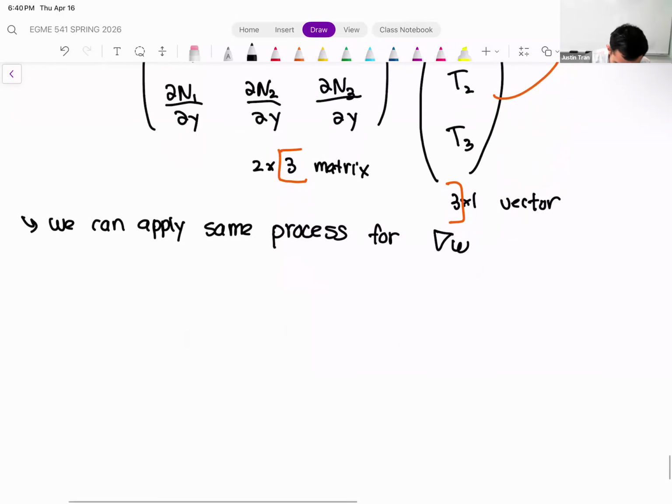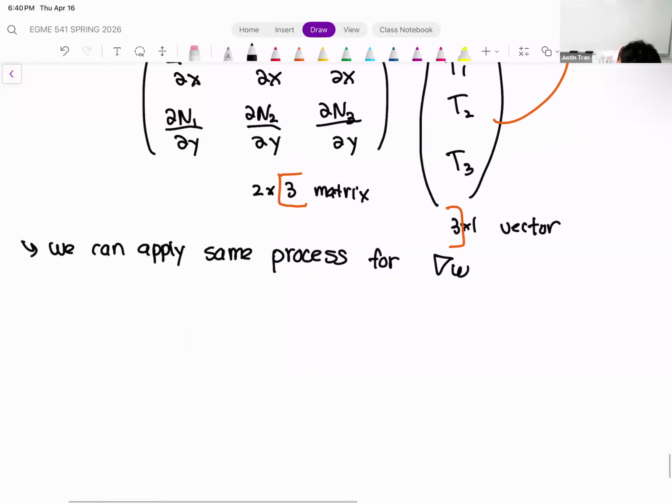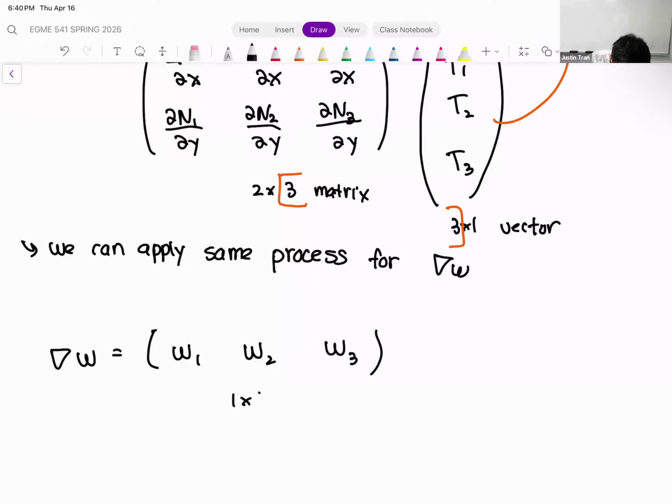And so we do that. We get the following. We have gradient of W is equal to row vector W1, W2, W3. This right here is a 1 by 3 vector. And then we're going to multiply that by a 3 by 2 matrix that contains the shape function derivatives.